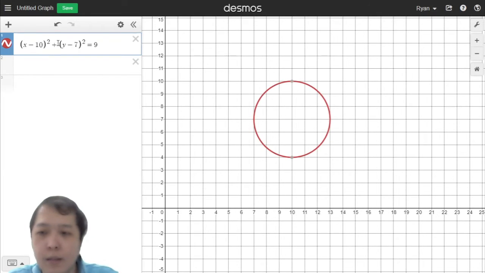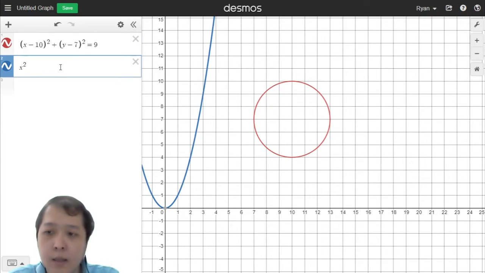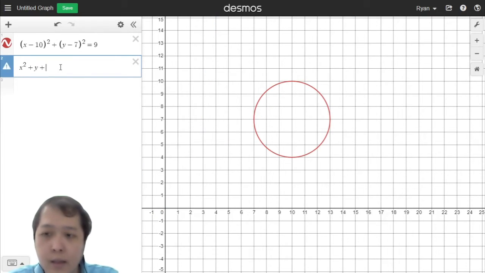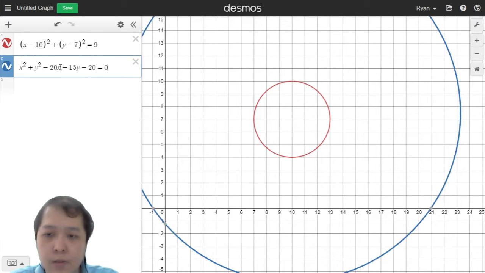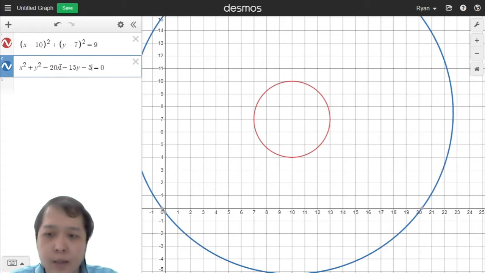Of course, we can also write something like this, x squared plus y squared, and so on, equals 0. That's too big.